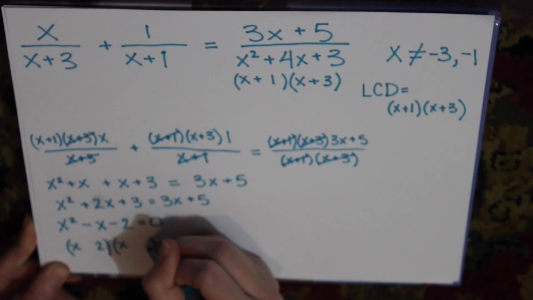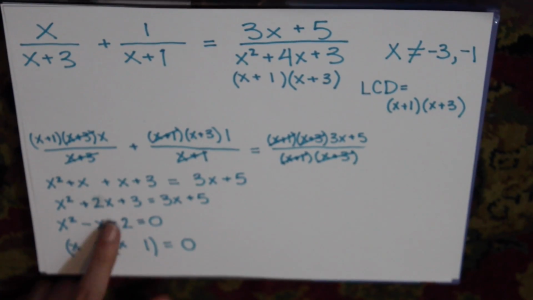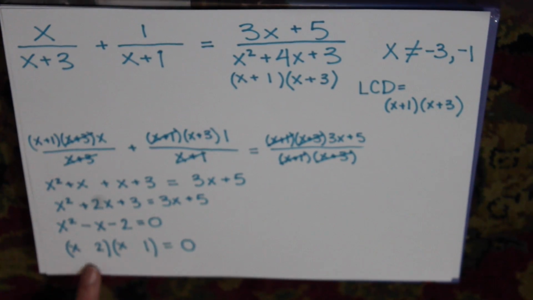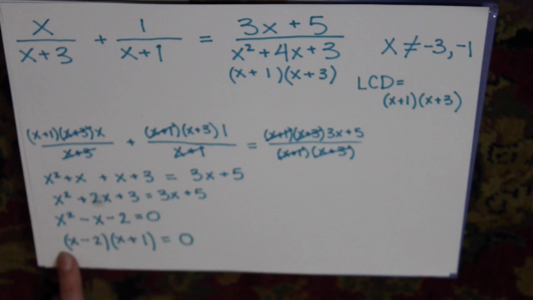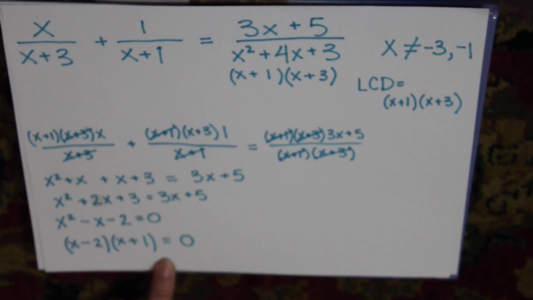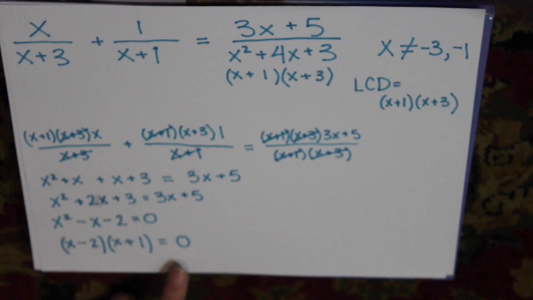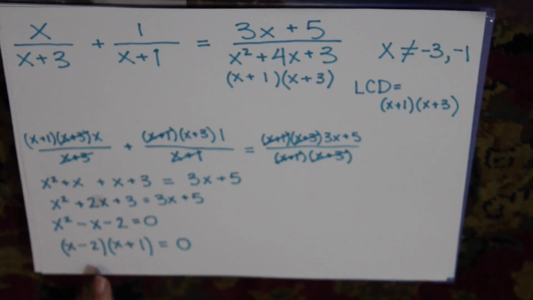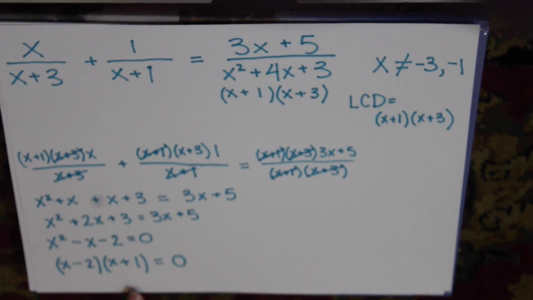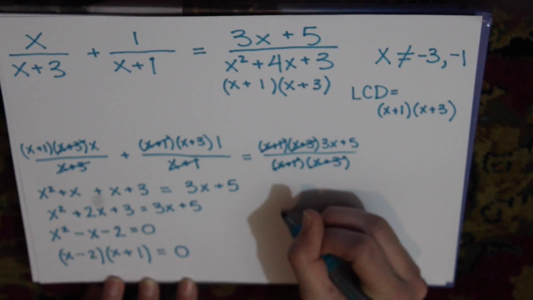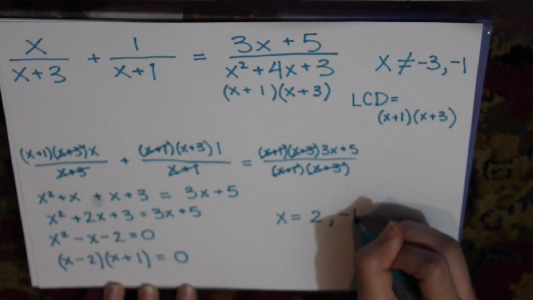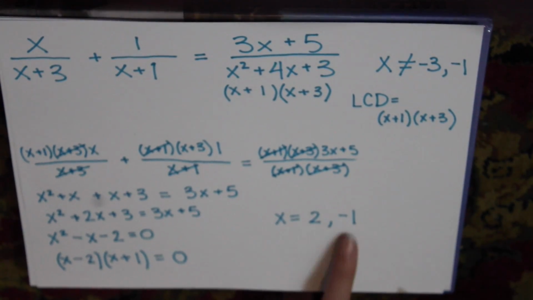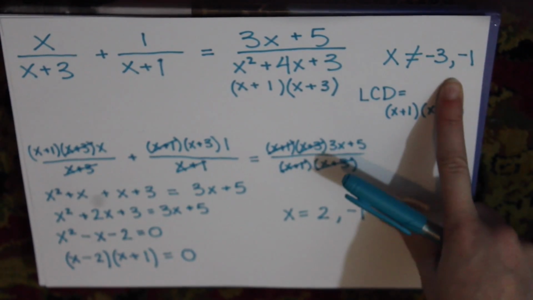The only thing that can make that is a 1 and a 2. So right here, you'd want a negative 2 and a positive 1. That would leave us with x equaling 2 and negative 1. Although negative 1, if you look back, is one of our extraneous solutions, so that would mean 2 has to be our main solution.